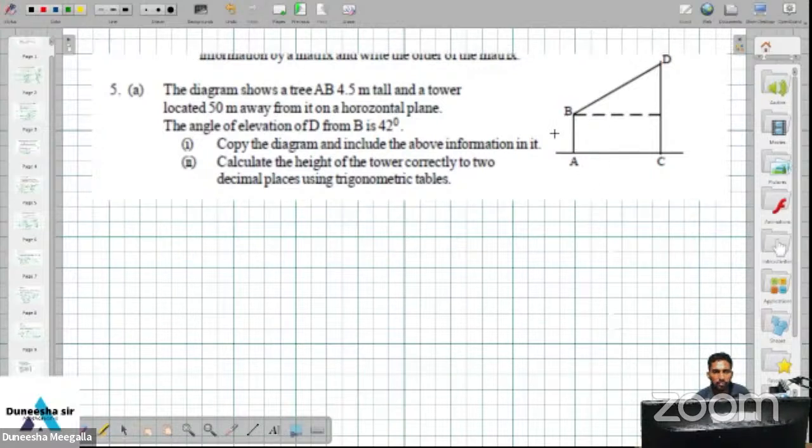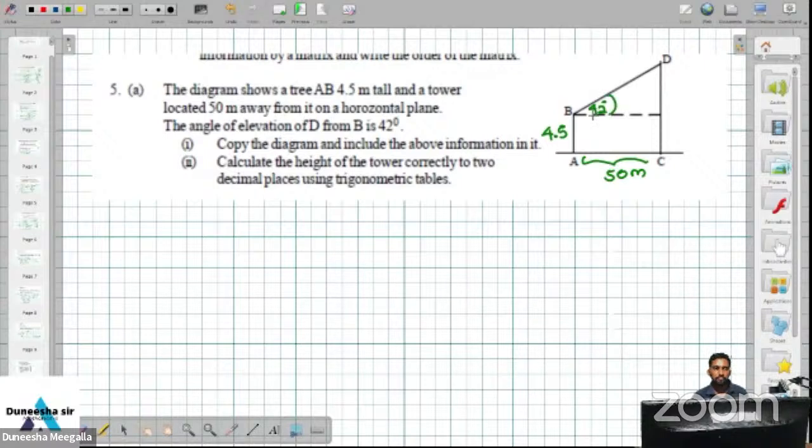AB is 4.5 meters tall. Then the tower is located 50 meters away. It's 42 degrees.